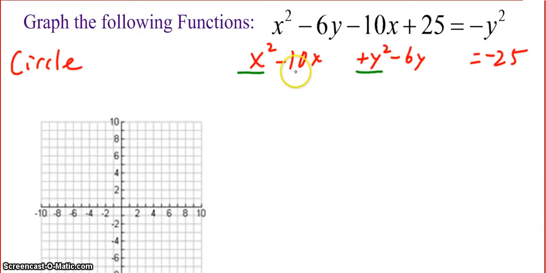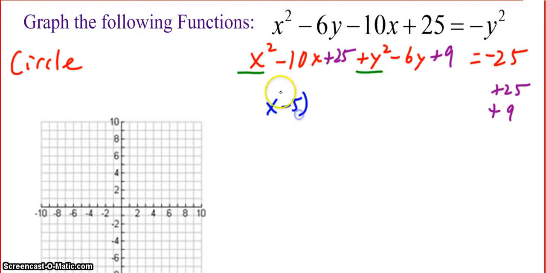Half of 10 is 5. 5 squared is 25. Add that to the other side. Half of 6 is 3. 3 squared is 9. So now I can factor, and this becomes x minus 5 squared plus y minus 3 squared equals 9.